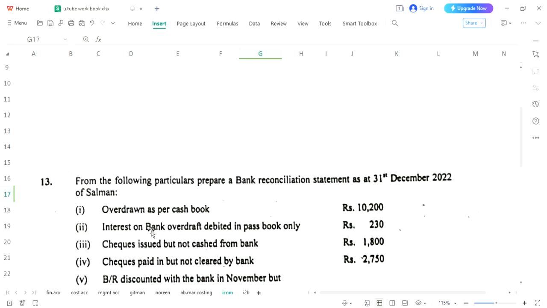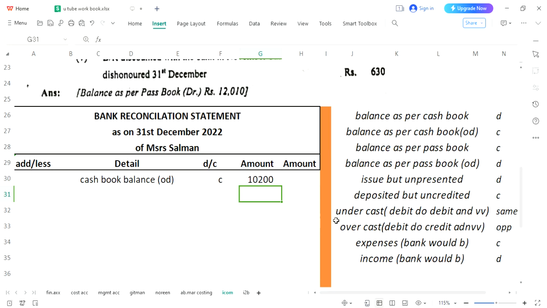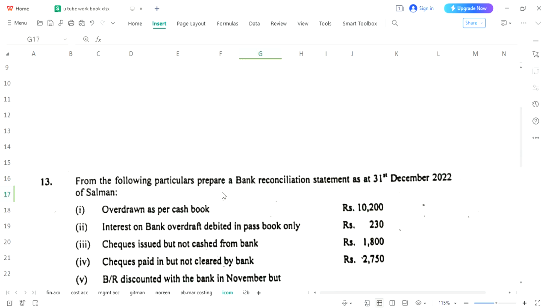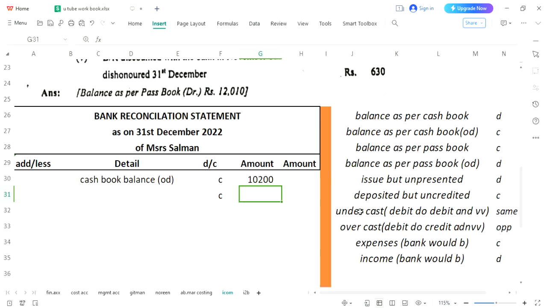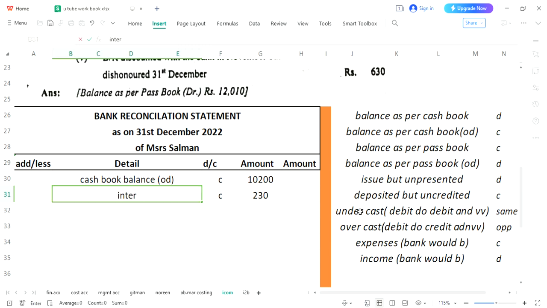Secondly, interest on bank overdraft is an expense, and in expenses we do credit. In all expenses, bank would be credit, so here you will post credit. Let's see how much the amount is. It's 230. Post it and write down interest on overdraft.